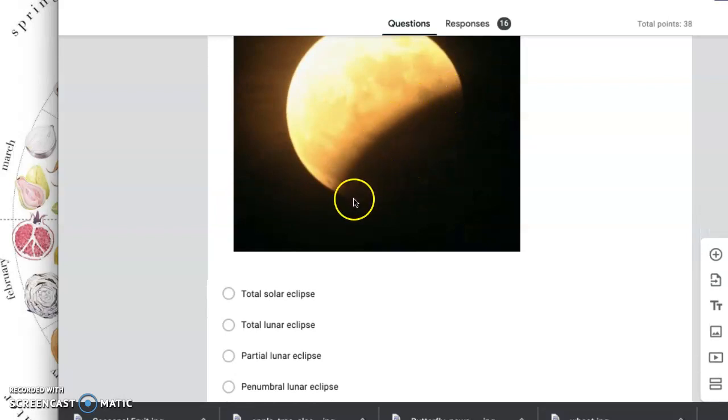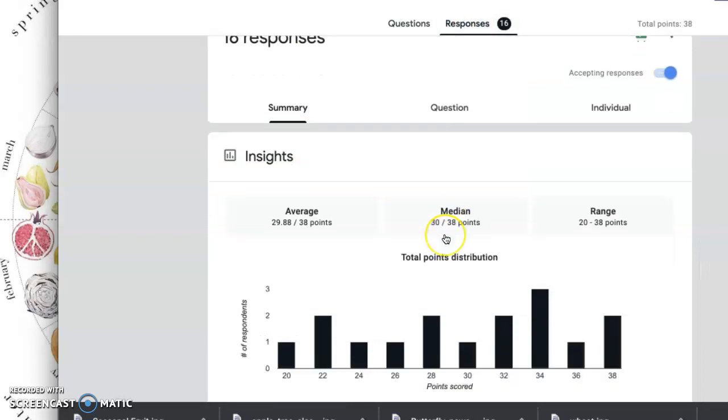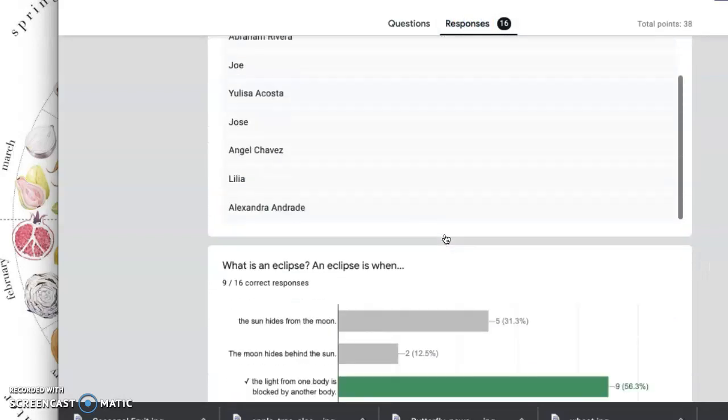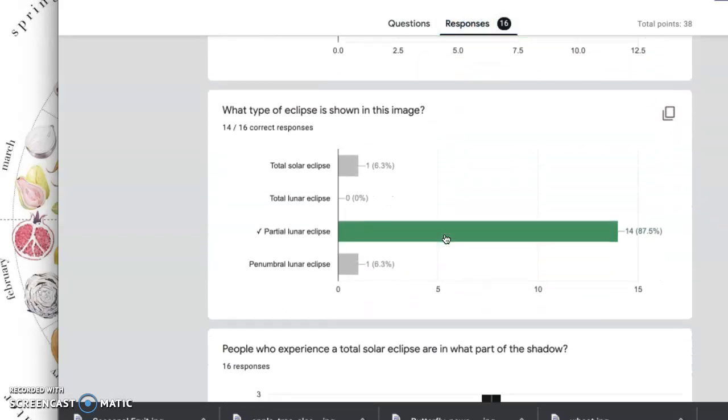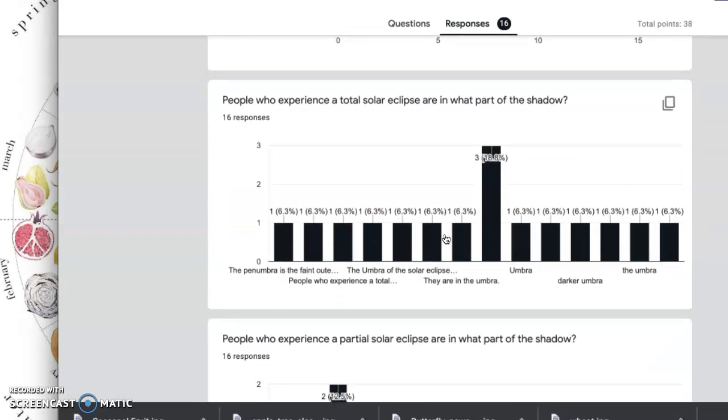And you can see here that part of the moon is being blocked off. So this would be a partial lunar eclipse.